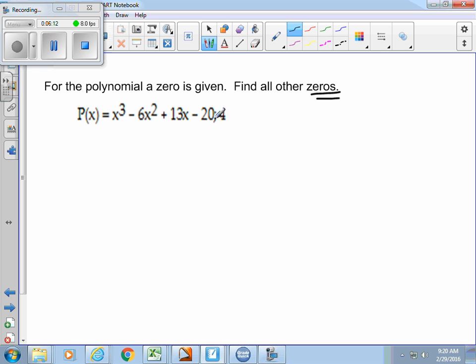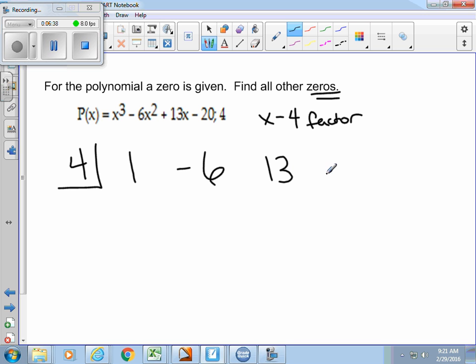If 4 is a 0, what is the factor? X minus 4 is the factor. So what will I put in the box? Good. Positive 4 goes in the box. 1, negative 6. Remember to look for placeholders. Do I need any placeholders here?